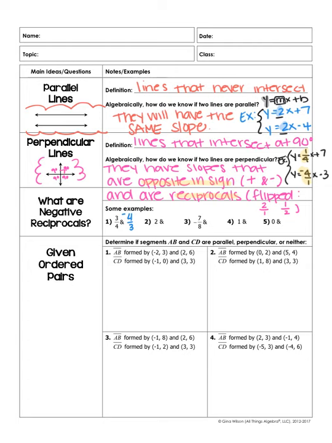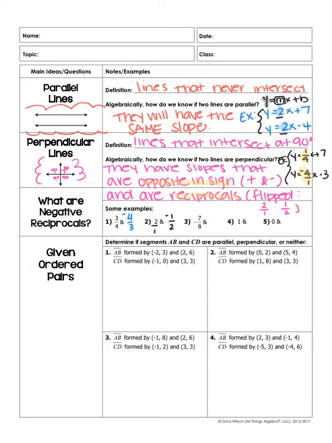We could write that as 2 over 1. Remember, when anything is a whole number, you can write it as a fraction by putting it over 1. So when I flip that, 2 over 1 would become 1 over 2. Since it started positive, this one has to be negative. Now I would like you to try number 3 and number 4 on your own.